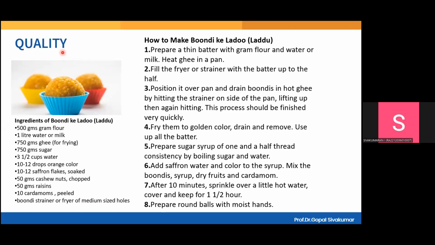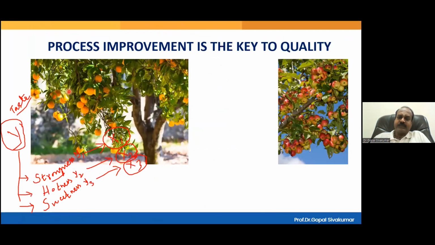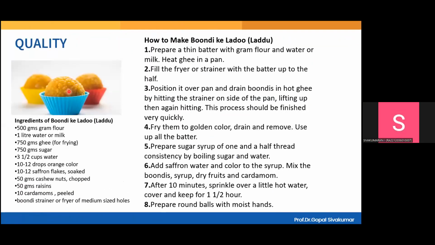So whatever we discussed earlier in quality, the steps, all are applicable for laddu also. Now think about your product. Your product will also have CTQs, isn't it? Your product will also have a process. And then you are doing the job of process control, process management.